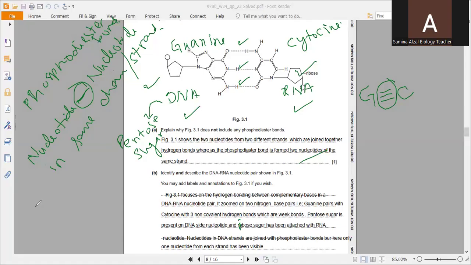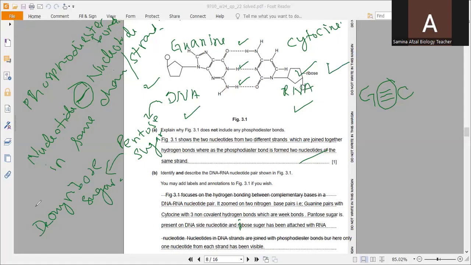The pentose sugar is present on the DNA side, as I already told you in the previous question, the pentose sugar or deoxyribose sugar, both are the same. On the RNA side, you can see this ribose sugar is present. So it shows that this is the RNA molecule.